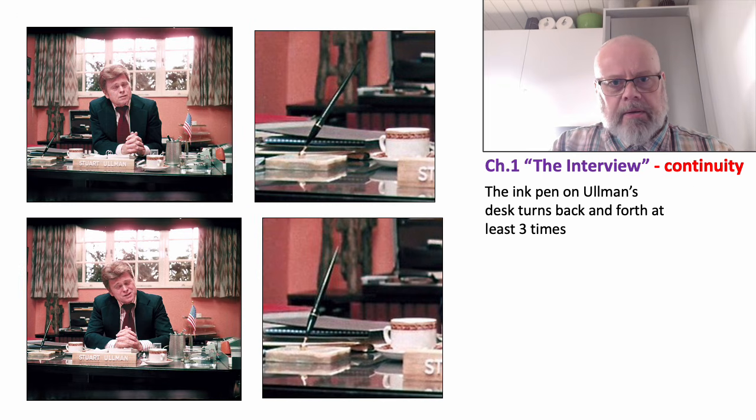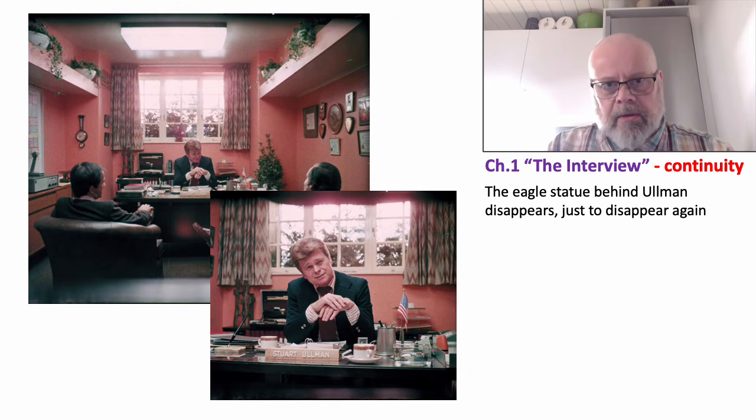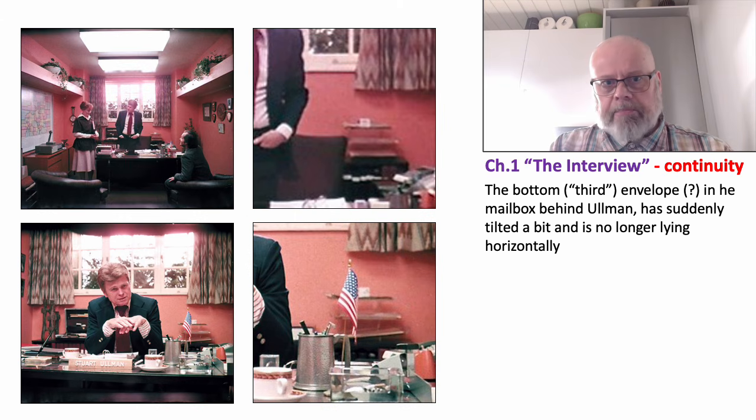The ink pen on Ullman's desk turns back and forth like this 3 times. The eagle statue behind Ullman disappears just to reappear again. The bottom third envelope in the mailbox behind Ullman has suddenly tilted a bit and is no longer lying horizontally.